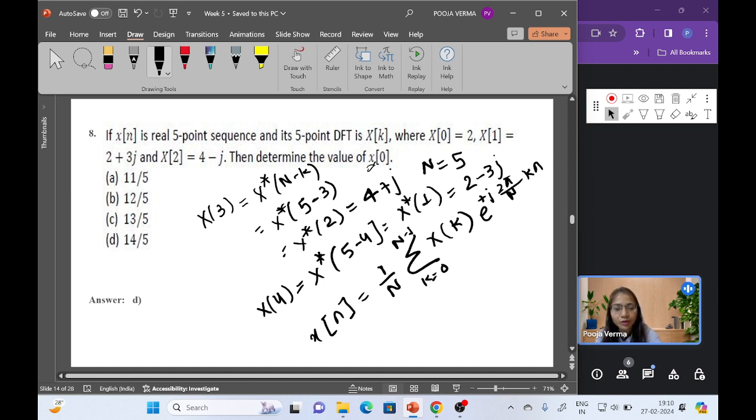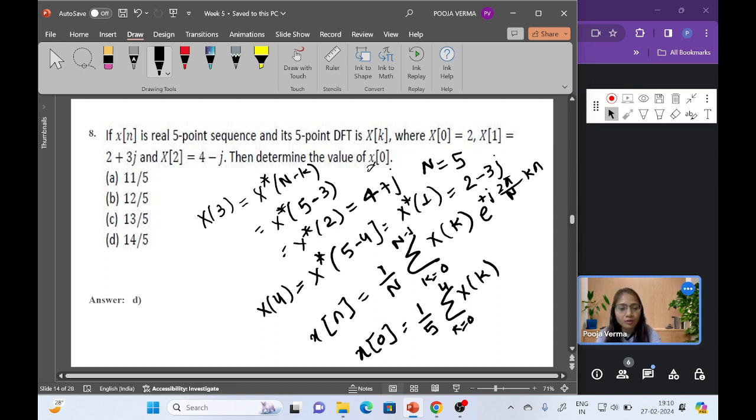So we need to find x of 0, so n is equal to 0. This is a 5-point DFT, so 1 by 5, and k will be 0 to N minus 1, that is 4, X of k, where k varies 0 to 4. And here n is equal to 0, so the whole part e to the power 0 will be 1 only.